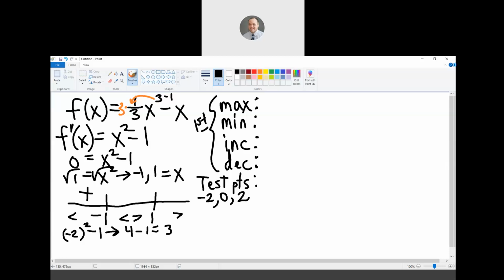Now let's test the interval between our numbers by plugging 0 into our first derivative. So that gives us -1, meaning the resultant sign between our numbers is negative.